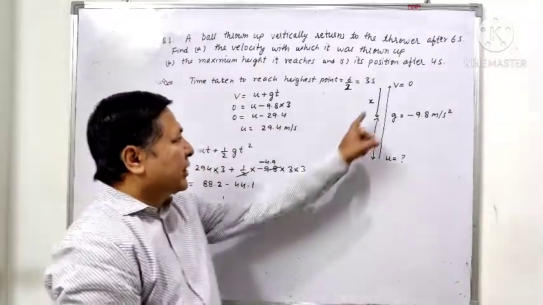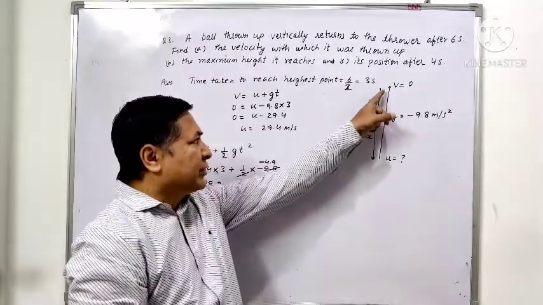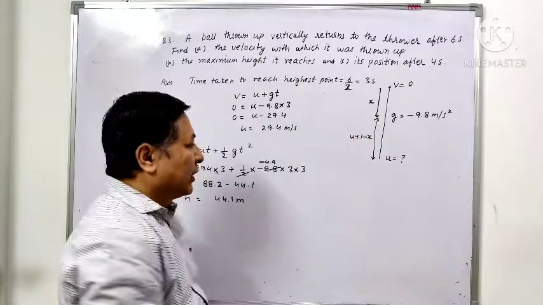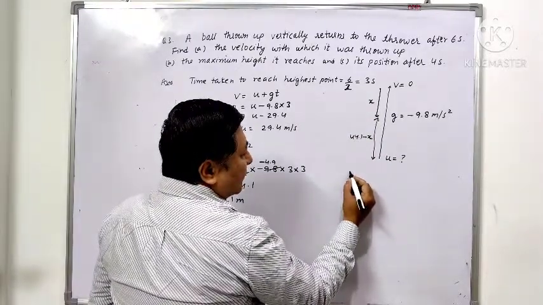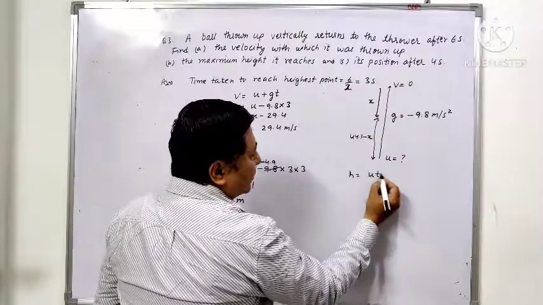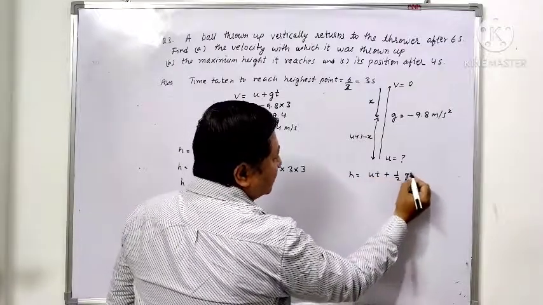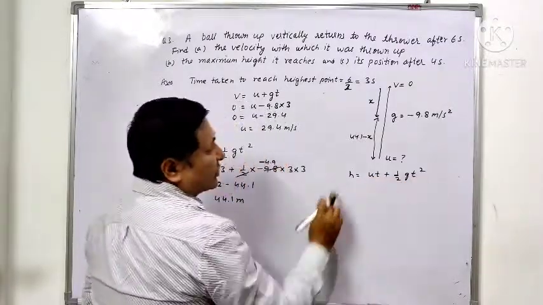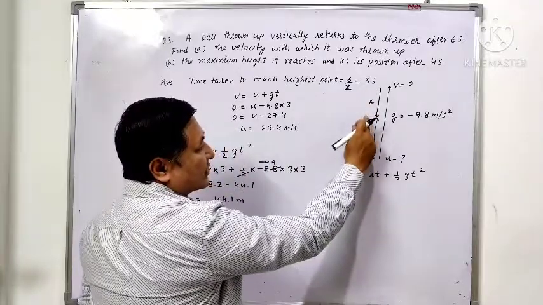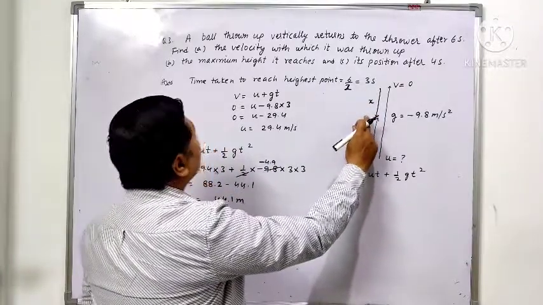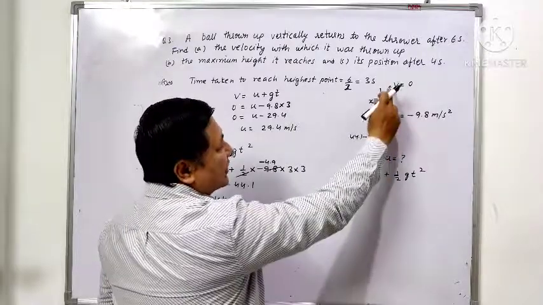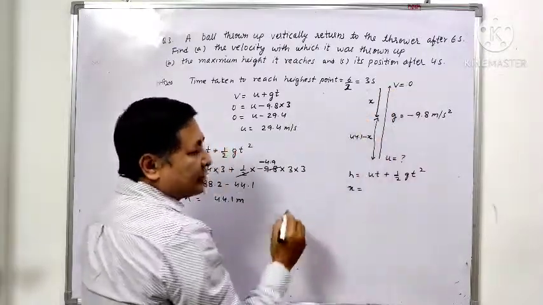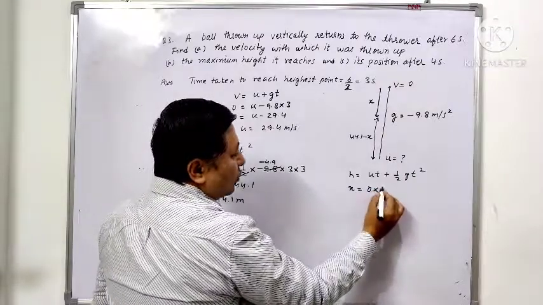Now we will calculate this distance x. How will we do it? In this case it will be h is equal to ut plus half gt square. The height, that is the distance traveled by the ball, will be x, and the initial velocity when it reaches the highest point becomes 0. So 0 into 1.